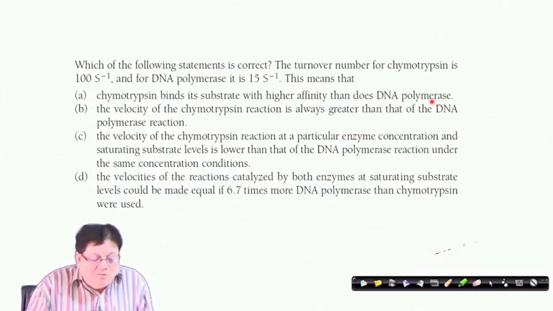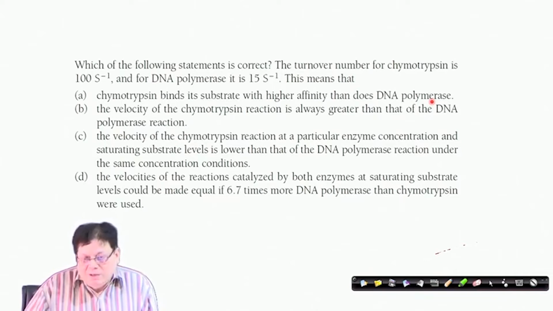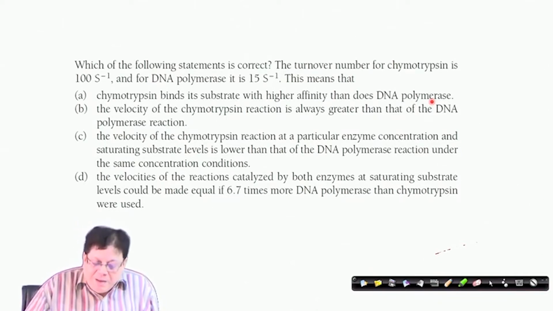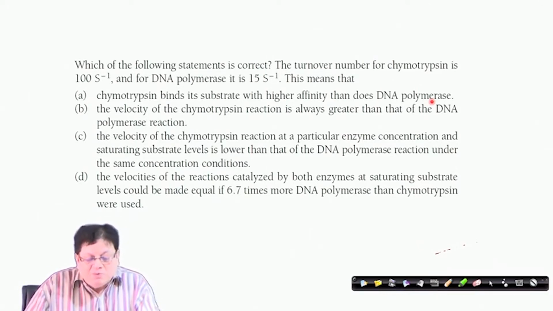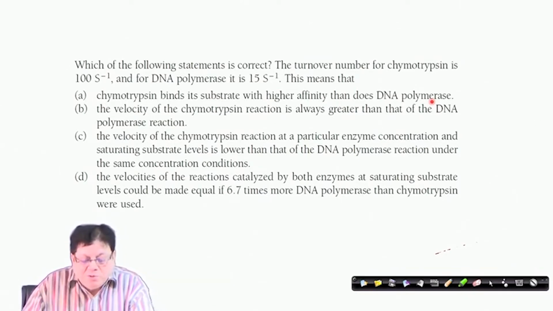The second one, the velocity of the chymotrypsin reaction is always greater than that of DNA polymerase reaction, whether this is true or not. If you use the same enzyme concentration for chymotrypsin as well as for DNA polymerase, then this statement becomes true, but nothing is written about it.